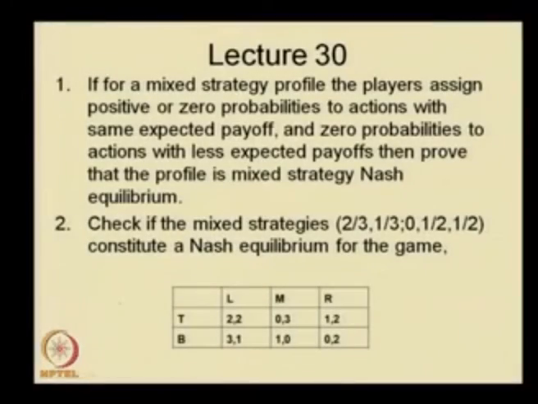If for a mixed strategy profile, the players assign positive or 0 probabilities to action with the same expected payoff and 0 probabilities to the action with less expected payoff, then prove that the profile is a mixed strategy Nash equilibrium.